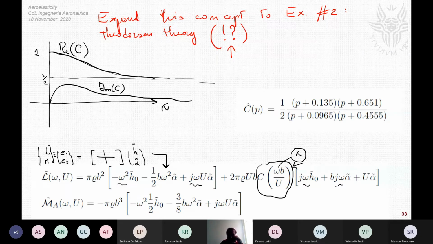And this is the fractional polynomial approximation of the Theodorsen function.